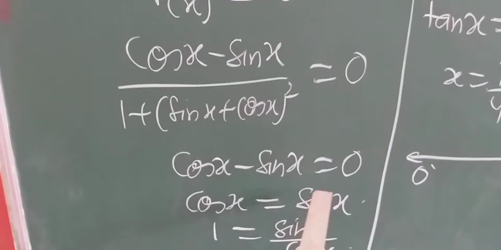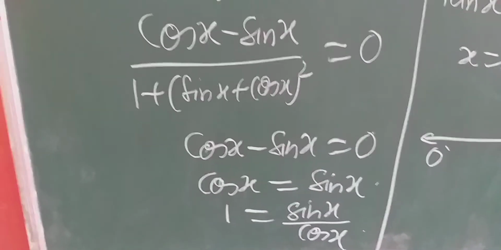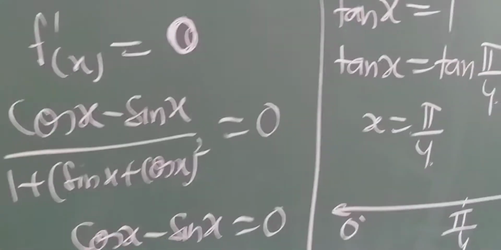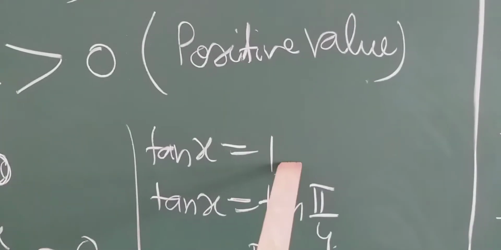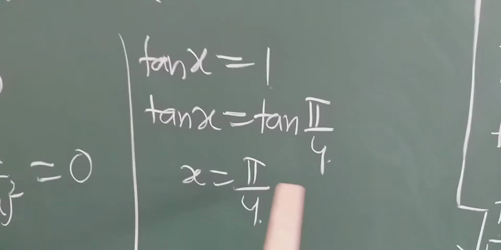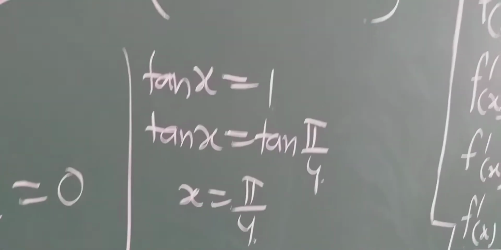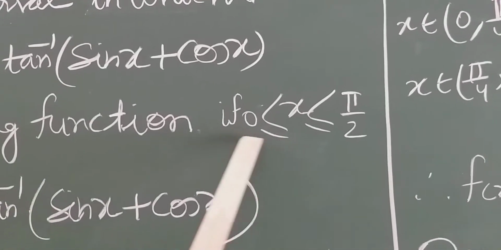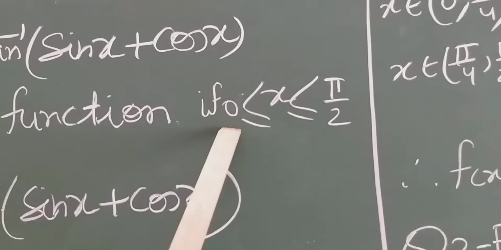So we can write sin x upon cos x equals 1. Okay students, sin x upon cos x equals tan x equals 1. Tan x equals tan pi by 4, so x equals pi by 4. And in the question it is given that x belongs to 0 to pi by 2, closed interval.